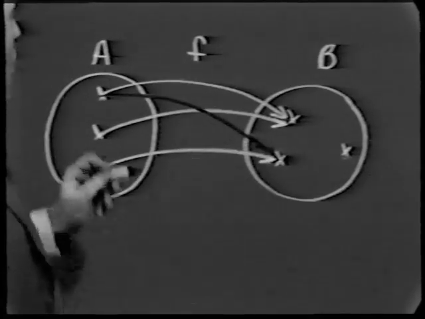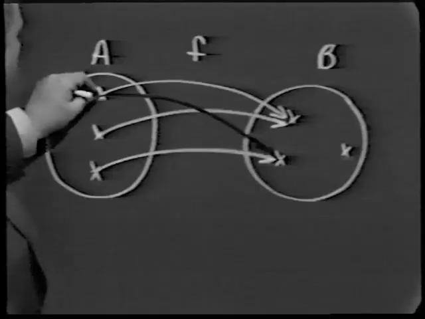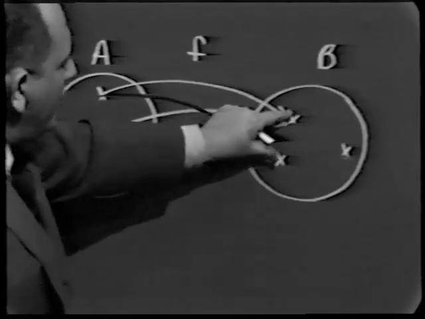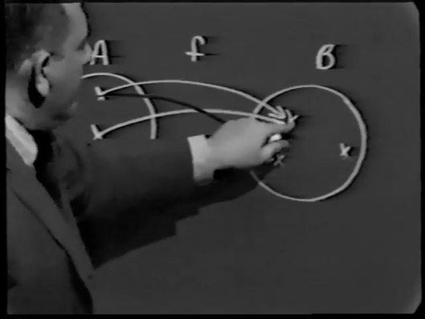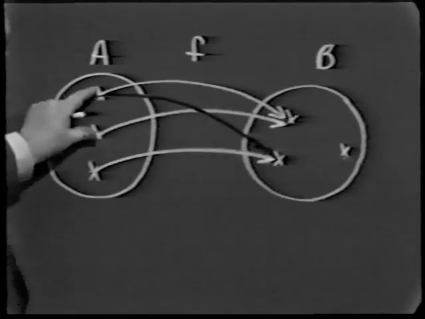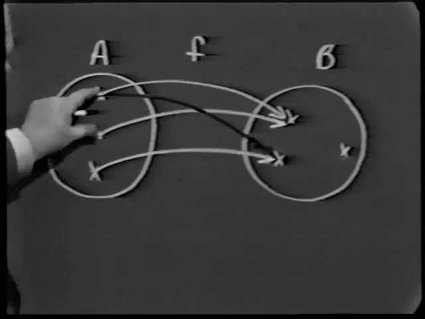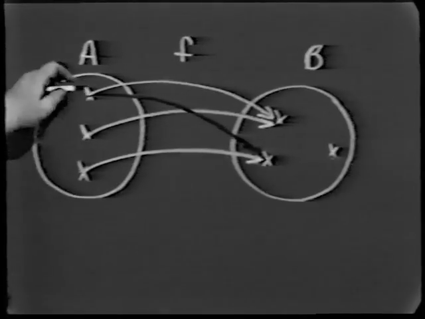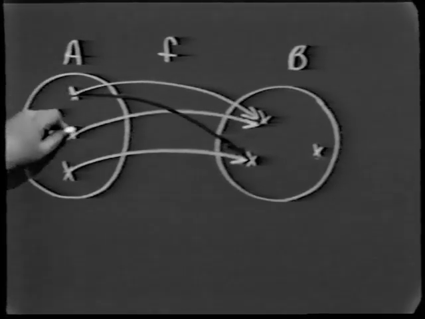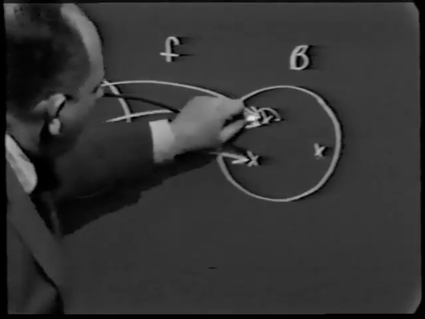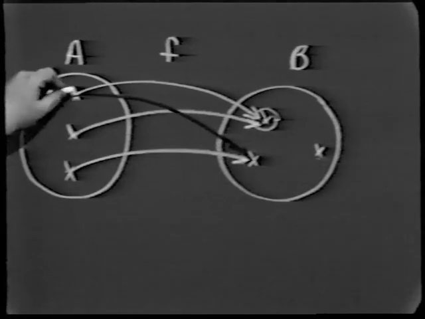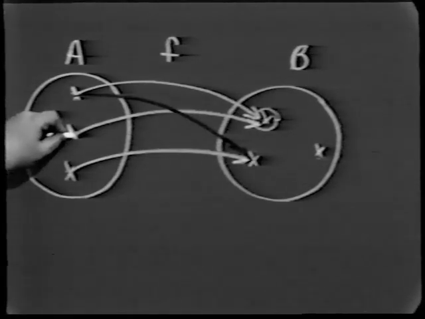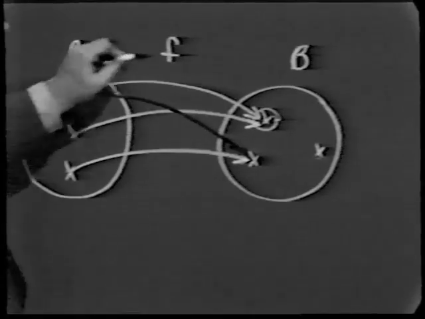And secondly, whereas we prohibit the same A from having two different images in B, we do not prohibit one B from being the image of two different elements in A. Notice that even though both of these elements here are assigned to the same element in B with respect to f, there certainly is no violation of our definition.